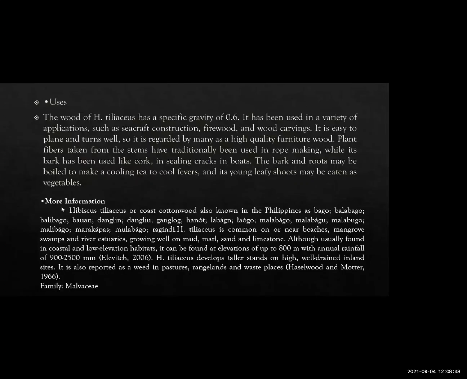Plant fibers taken from the stems have traditionally been used in rope making, while its bark has been used like cork in sealing cracks in boats. The bark and roots may be boiled to make a cooling tea, and its young leafy shoots may be eaten as vegetables.